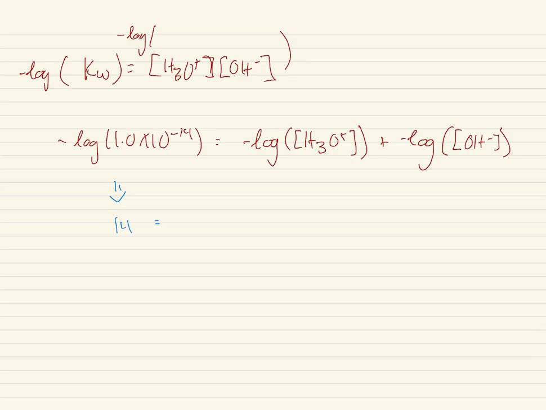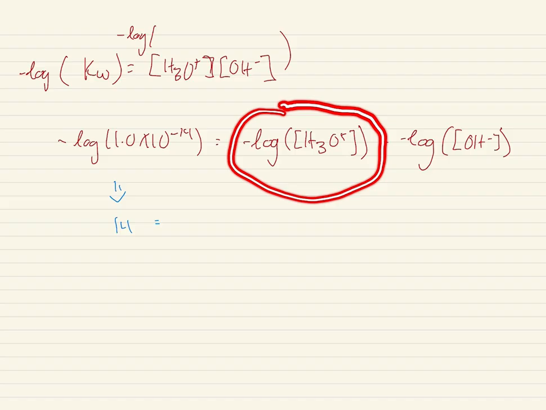Minus the logarithm of H3O plus concentration is equal to what? What is this right here defined as? Minus the logarithm of H3O plus.